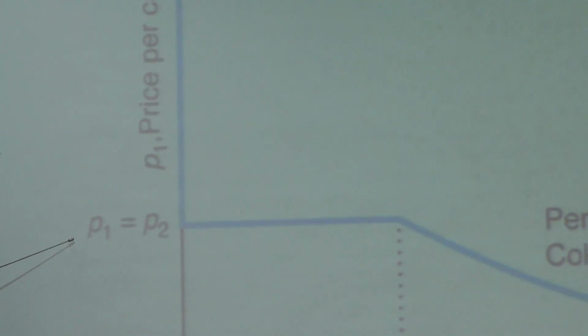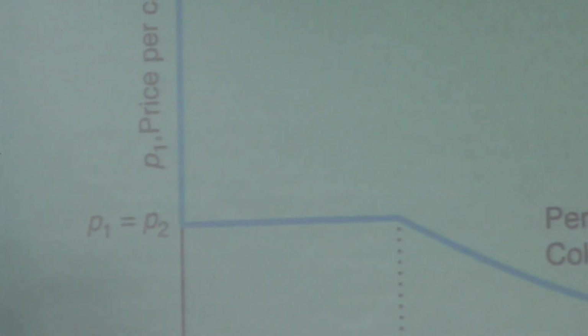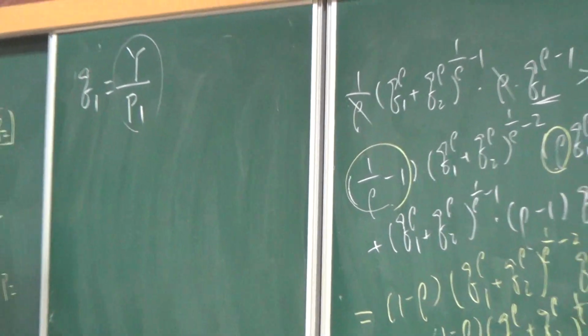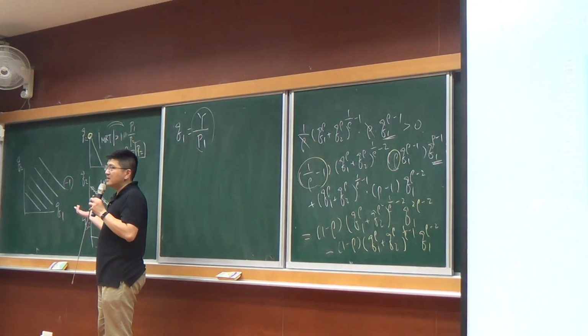And the last one, when P1 precisely equals P2, exactly, then from here to here, which means whatever Q1 on the budget line is fine. Okay, whatever you want.